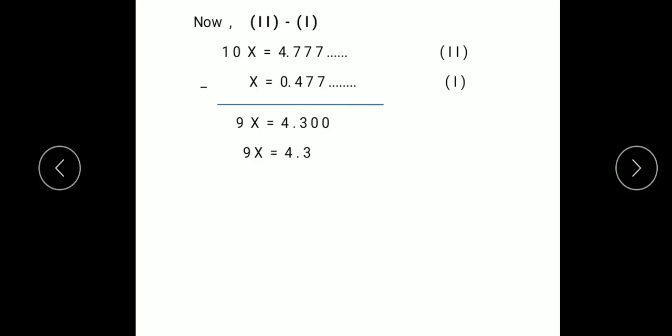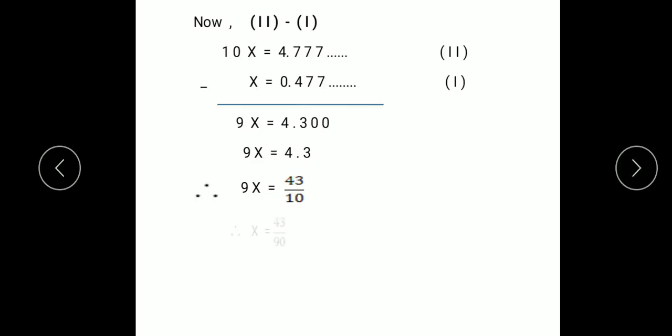The decimal 4.3 can be expressed in the form of a fraction as 43 upon 10. Now, since we want the value of x alone, let us shift 9 to the other side. So we will have 9 and 10 in the denominator. What is 9 into 10? 90.